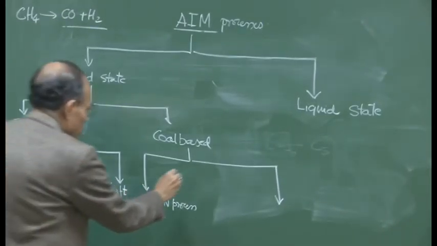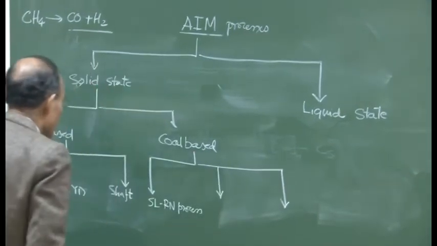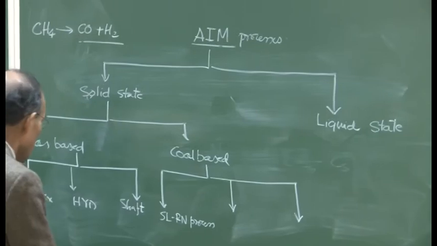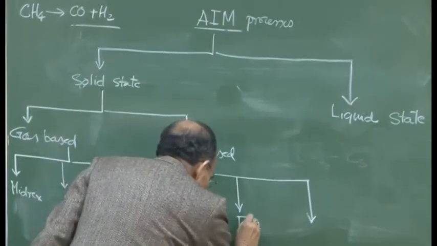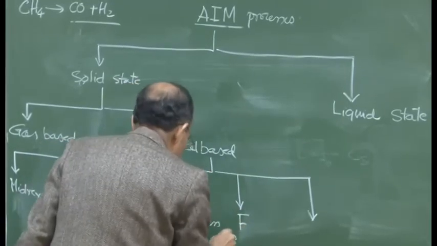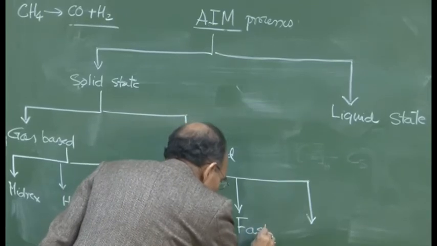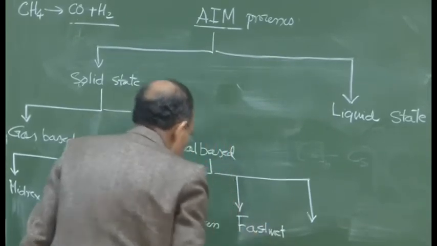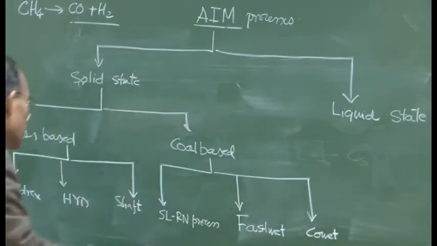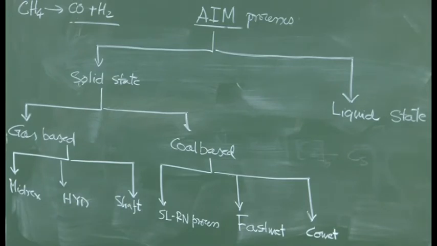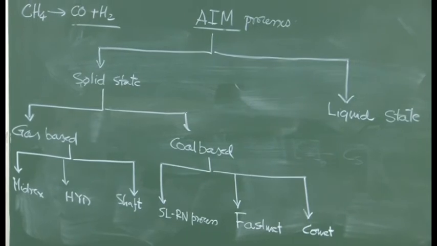Then there is the SLRN process, and then I think other processes like FASTMET, and this is COMET, I think. So, these are gas based and these are coal based. Okay.